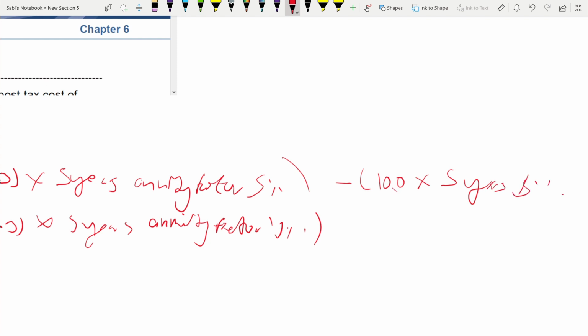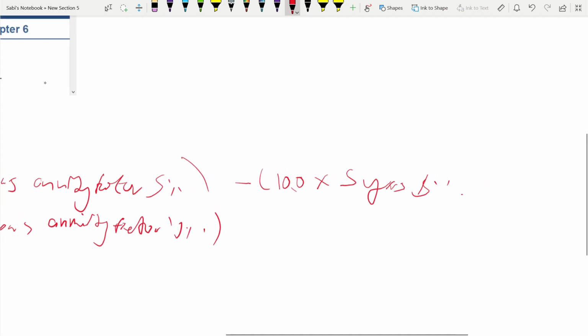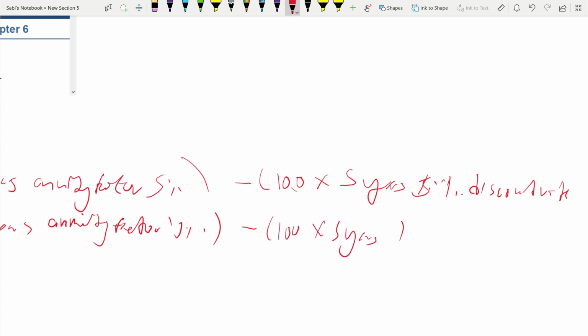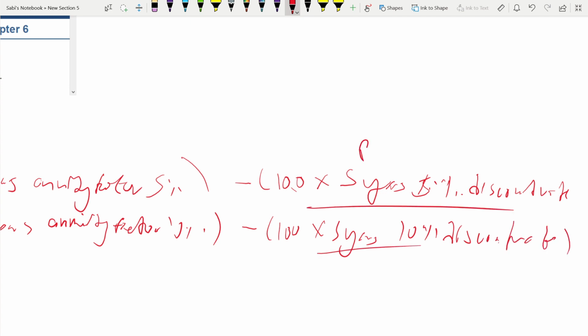Why 100? 100 into the 5th year's 5% discount rate. This is not the annuity factor. This is the discount rate. Same here, 100 into 5 years 10% discount rate. This is not the annuity factor.